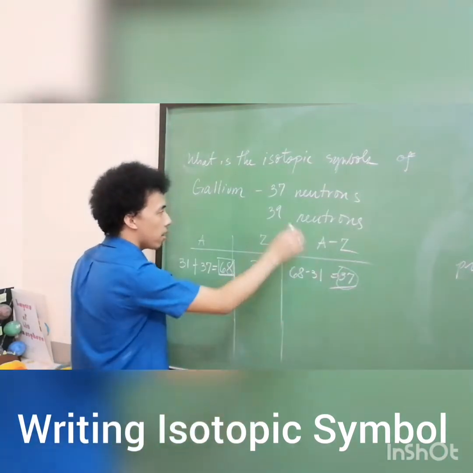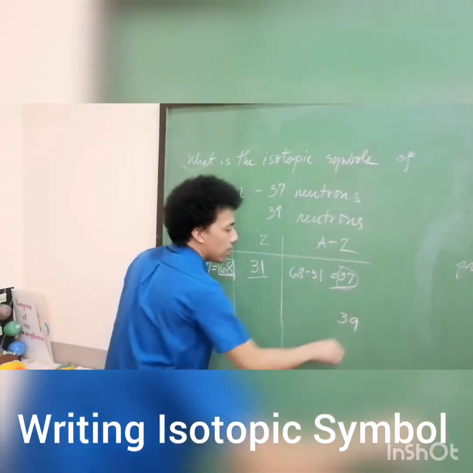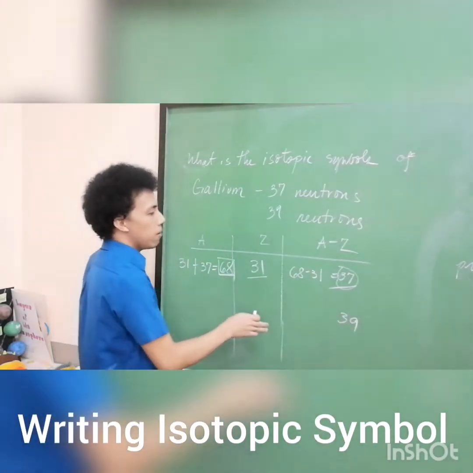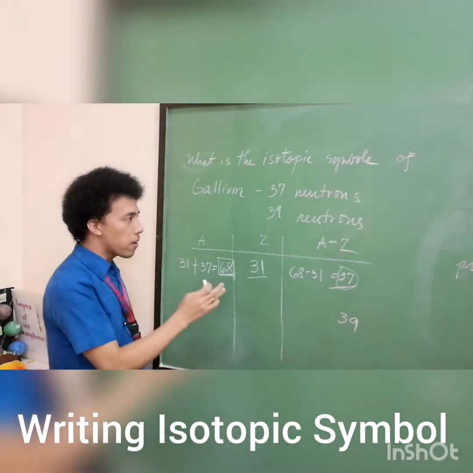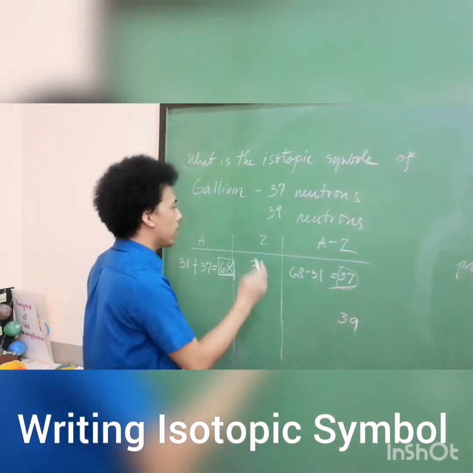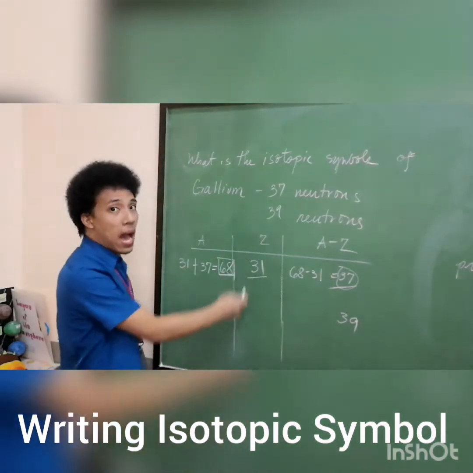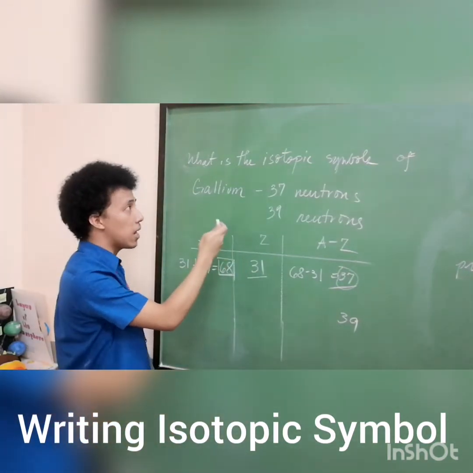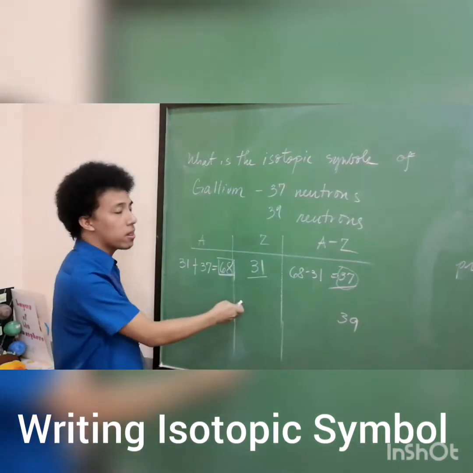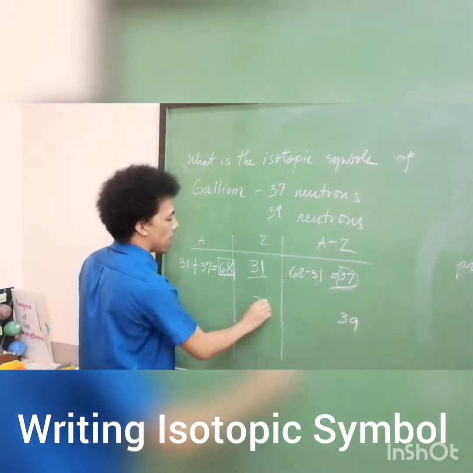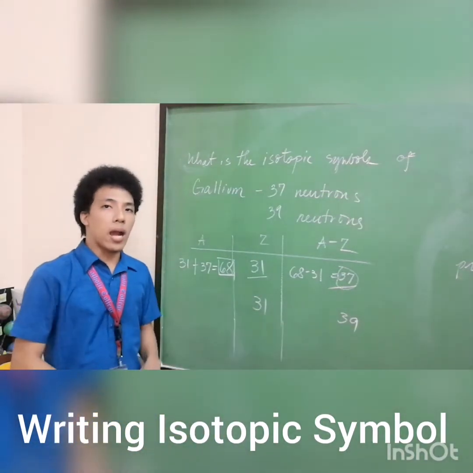So let's write another given, 39. The 39 will be our point of reference. Since it's the same element, gallium, we will just write 31 as the atomic number.